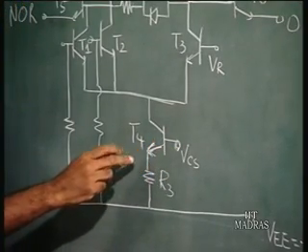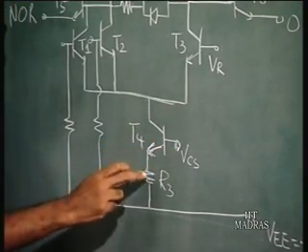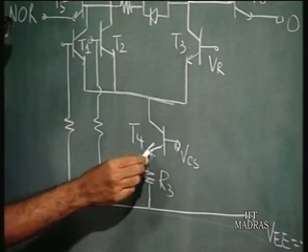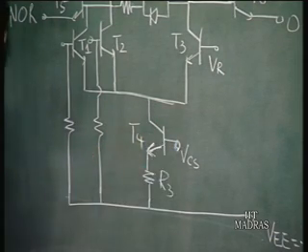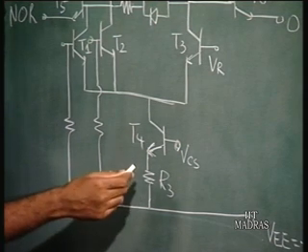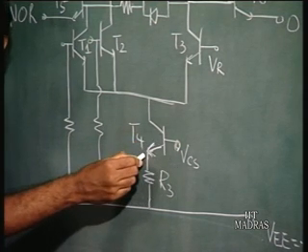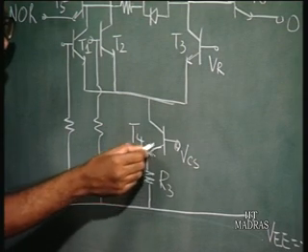So, what happens is, if you assume here that the voltage VCS is fixed, as the temperature goes up, this base emitter drop is going to change, say by 1.5 millivolt per degree centigrade.